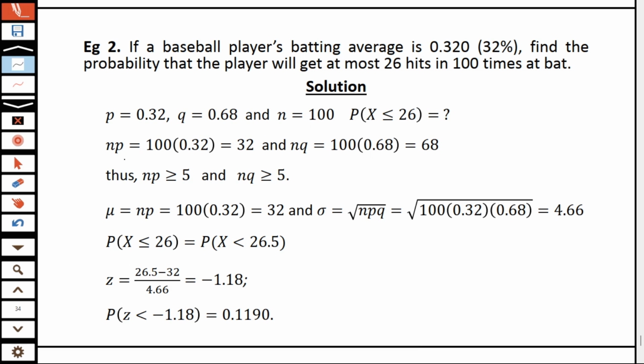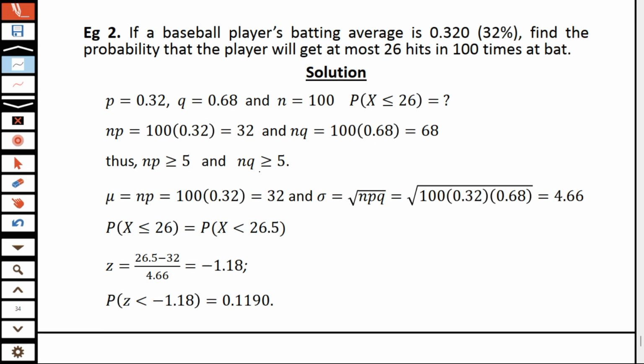So here, because our n is very huge, we have np equal to 100 times 0.32, which is 32, and nq to be 100 times 0.68, which is 68. So this is just telling us clearly that normal can be used to approximate binomial. You have to just calculate our mean and then standard deviation, and since it is at most, less than or equal to, you are going to add 0.5 to it to get 26.5.